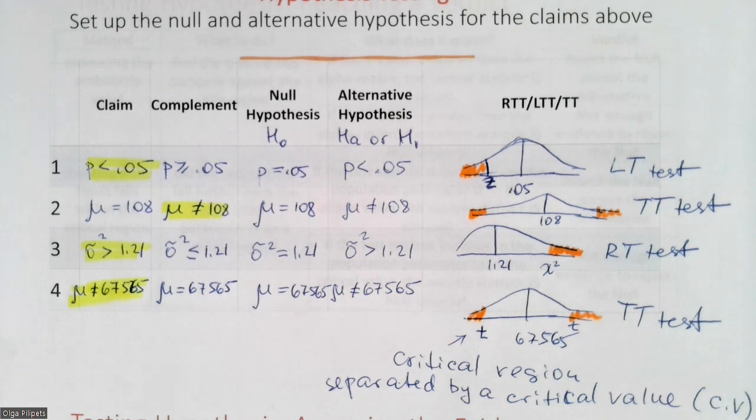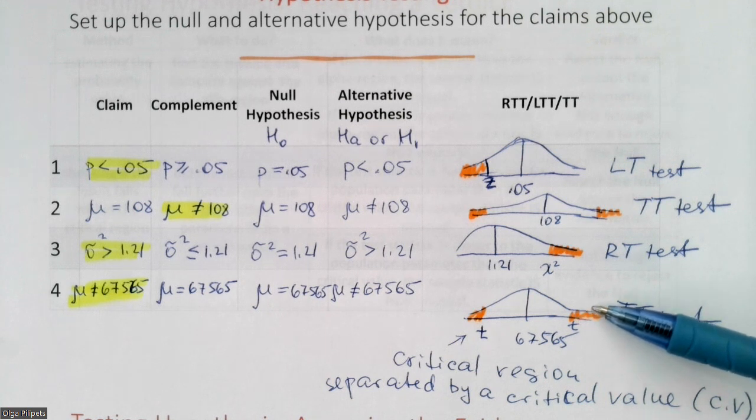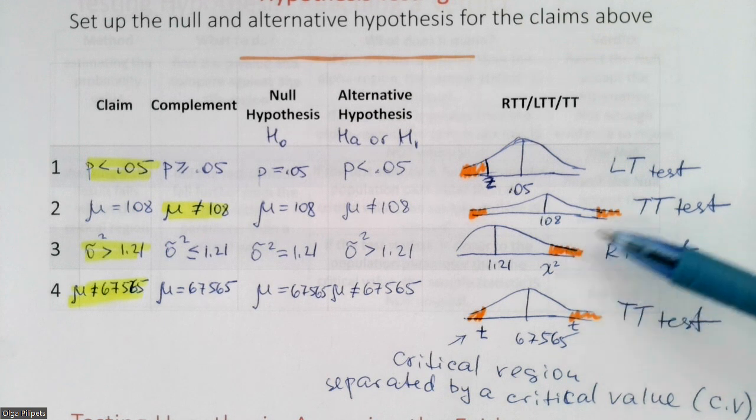Now, one thing that I want to mention here is, okay, we figured out which distribution we're going to use, but what are those critical regions? Where are they coming from?